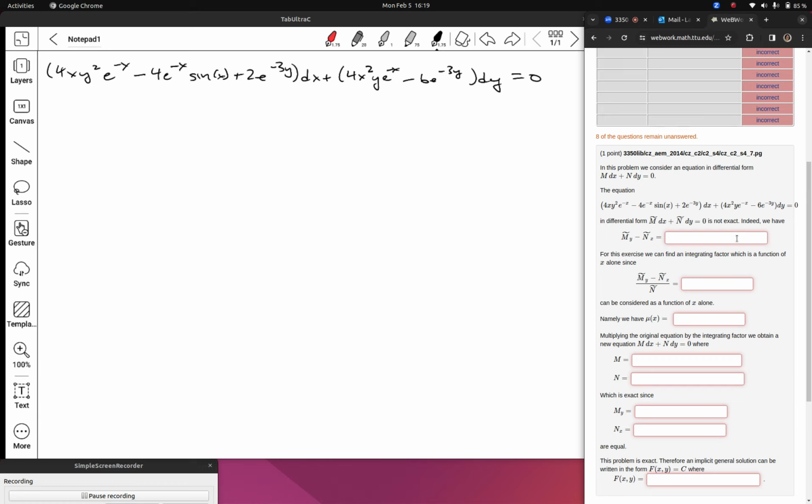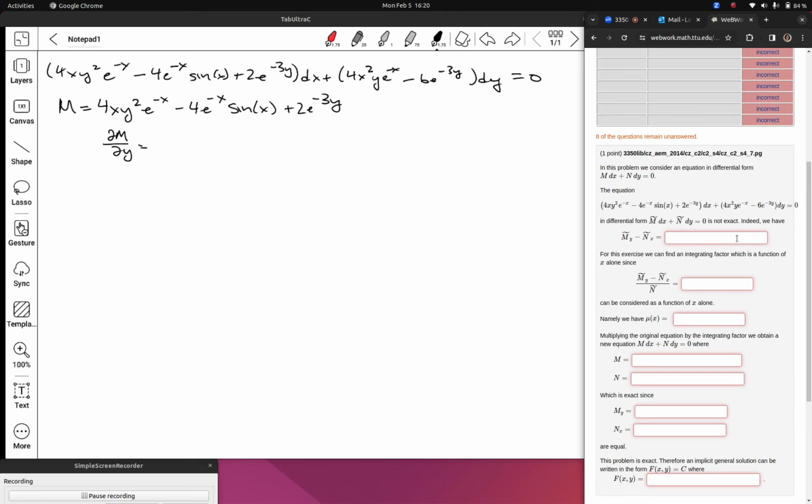So to do this, I have to identify my M's and N's and then take a bunch of partial derivatives. So M is the thing that multiplies dx. That's 4xy squared e to minus x minus 4e to minus x sine of x plus 2e to minus 3y. And I'm going to have to take a partial derivative of that with respect to y.